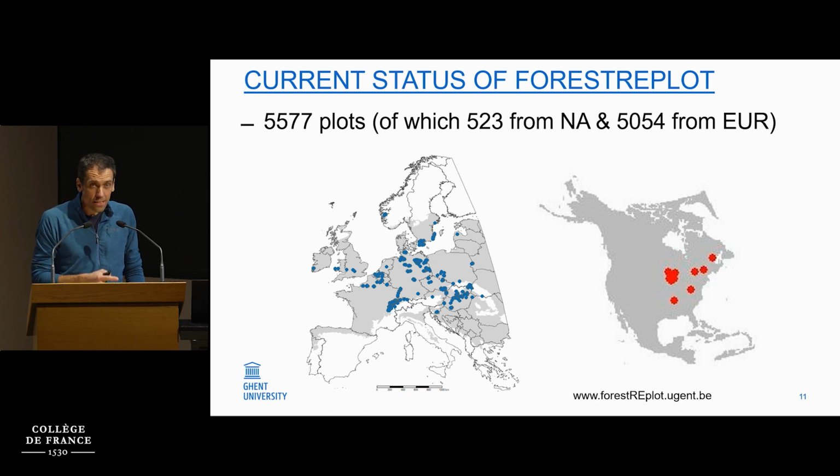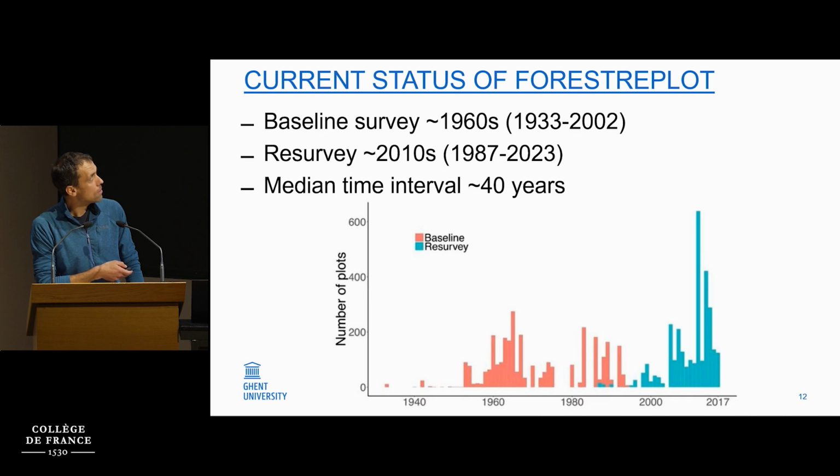Good, so the current status of forestREplot is this. At the moment we have 5,500 resurveyed plots in the database, so they are permanent or semi-permanent. 500 from Eastern North America and 5,000 from Europe. The median time interval between the baseline survey and the resurvey is 4 decades.